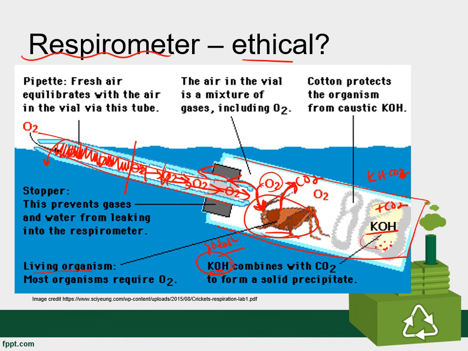We usually throw a cotton ball in there. So we're actually going to get rid of that CO2 by combining it with the potassium hydroxide. So the only change in gas volume is the consumption of that O2.